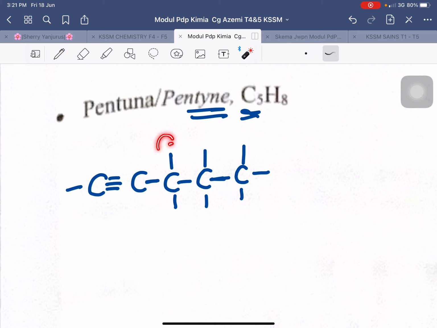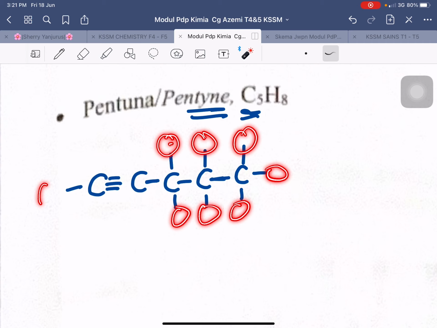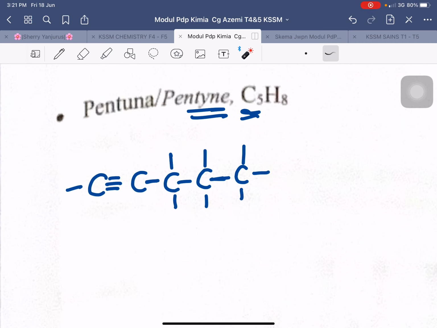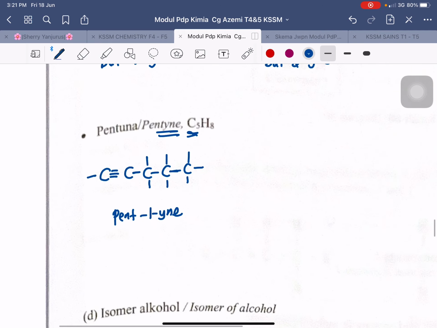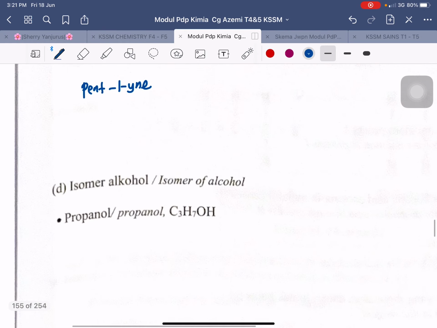Kira. Betulkah ada H dia 8? 1, 2, 3, 4, 5, 6, 7. You draw on your own. So the name is pent-1-yne. That's how you draw it. That's how you name it. Okay. So the rest of it I leave it to you already.